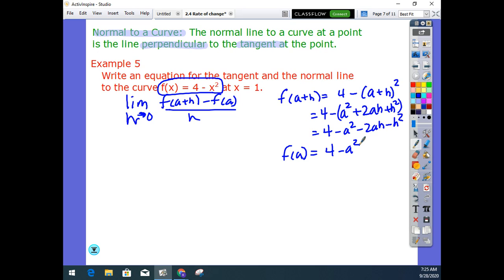All right. Now I'm going to substitute this in for f of a plus h, this in for f of a. Be extremely careful. This minus means I'm subtracting all of f of a. So the limit as h approaches 0, I'm going to move this a little.